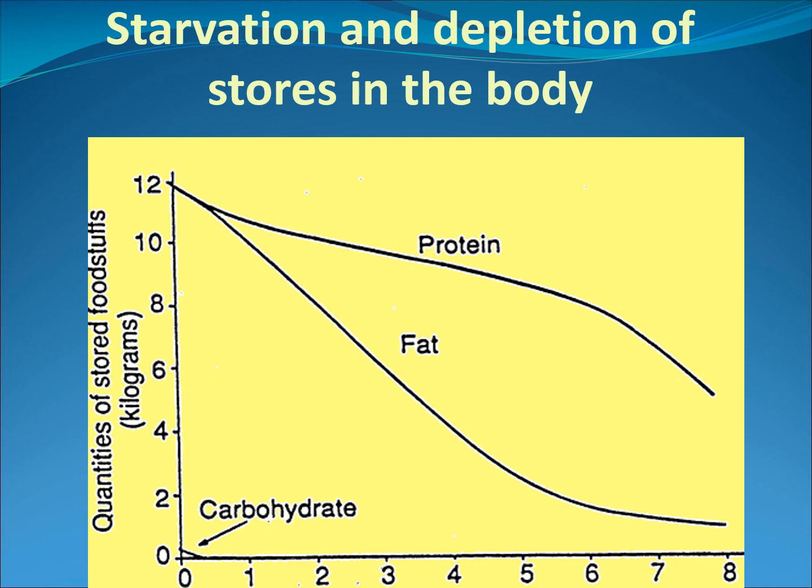This takes place for about 6 weeks. After 6 weeks, there is high depletion of fat stored in the body. So the body now is returning to protein stores to consume these stores for body energetics.